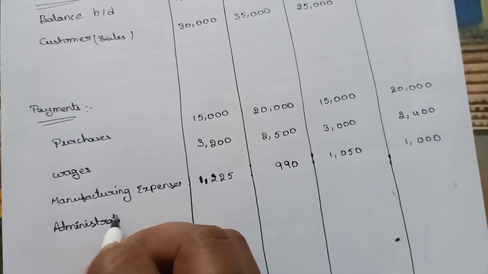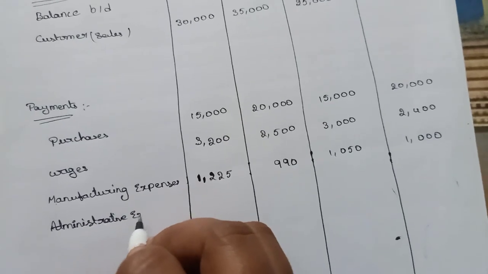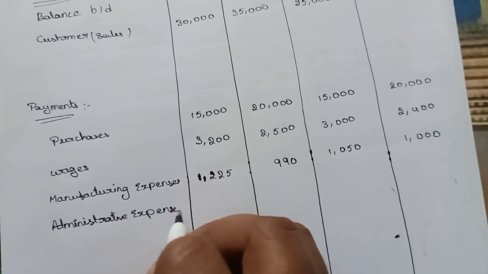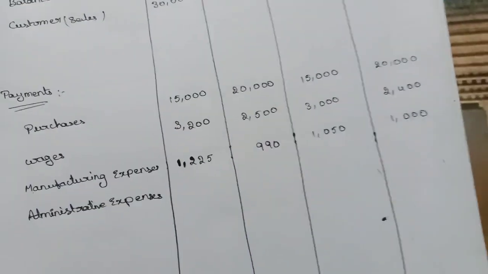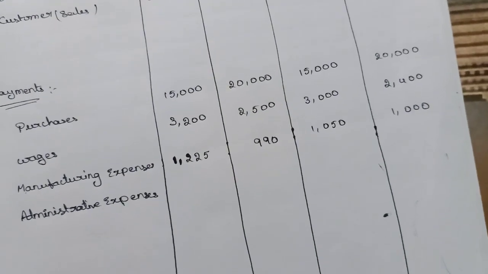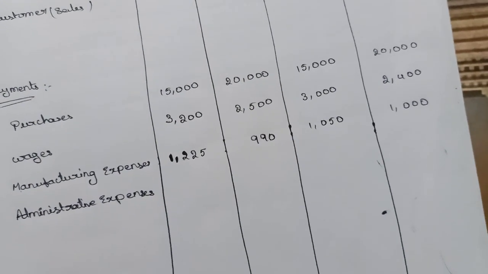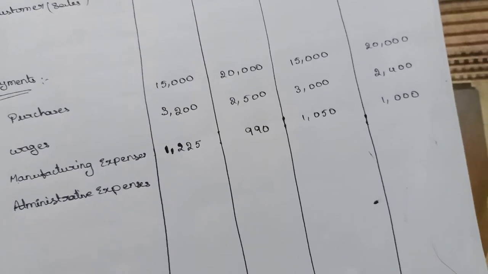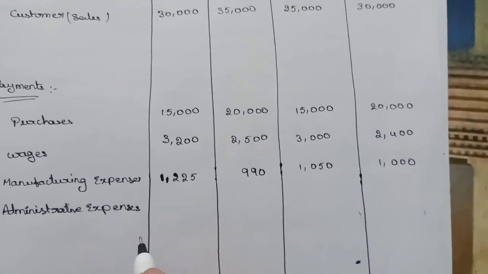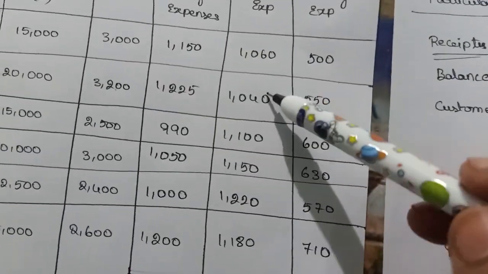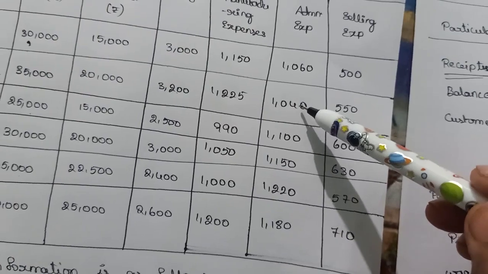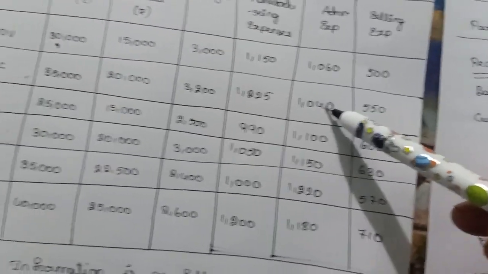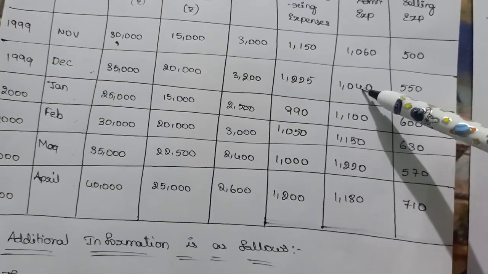Administration expenses. This is also given in the additional information. Sixth point, lag in payment of other expenditure is 1 month. So here the administrative expenses lag in 1 month means we have to note the December amount which is given in the statement for December.